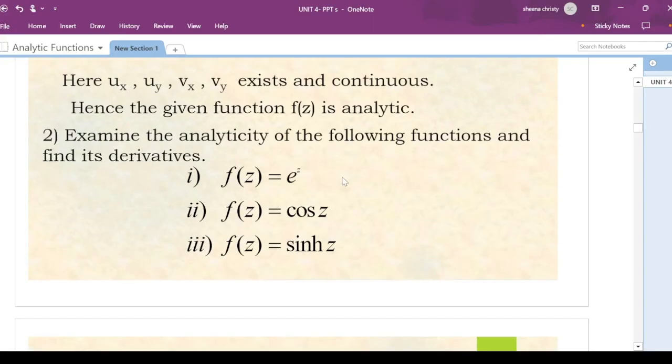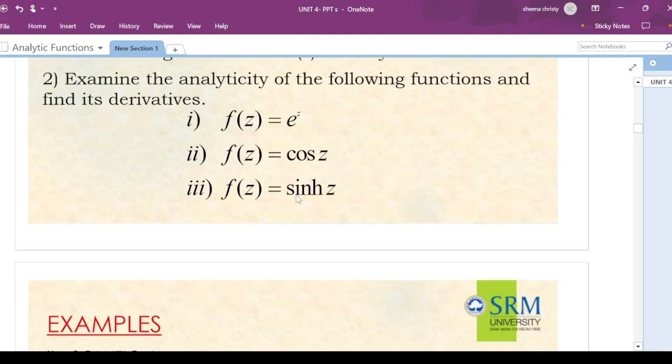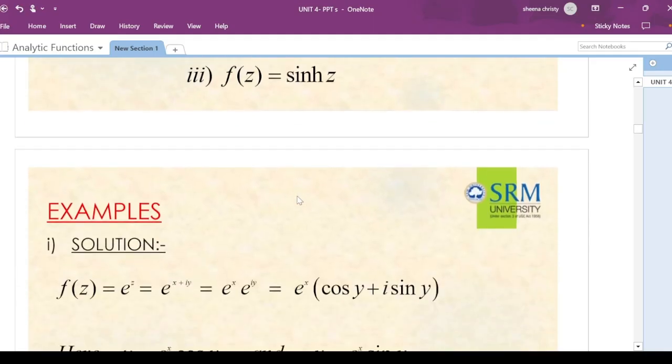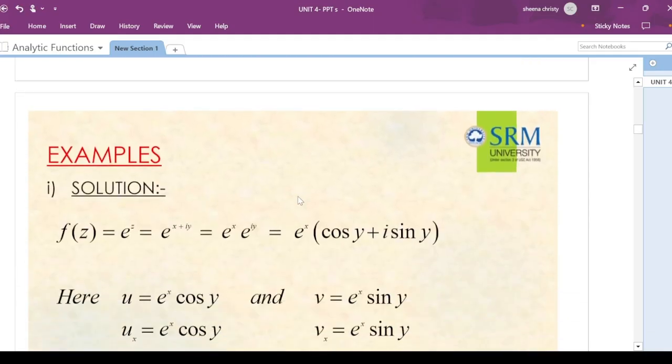Likewise, you can check the analyticity for the functions f(z) = eᶻ, f(z) = cos z, and f(z) = sinh z. So, how to check f(z) = eᶻ? In eᶻ, z is replaced by x + iy. Therefore, you are getting e^(x+iy).